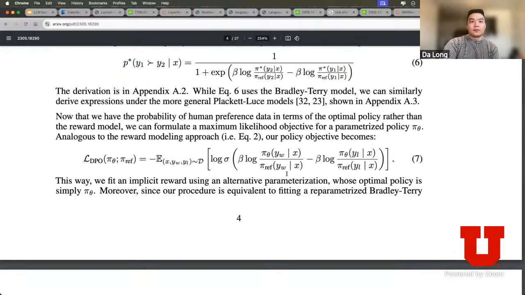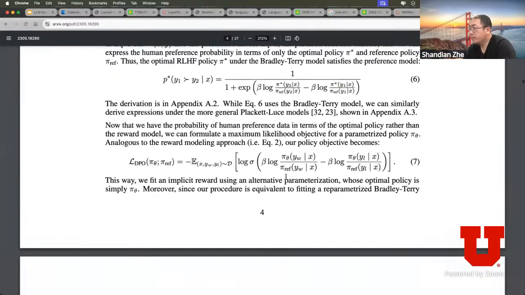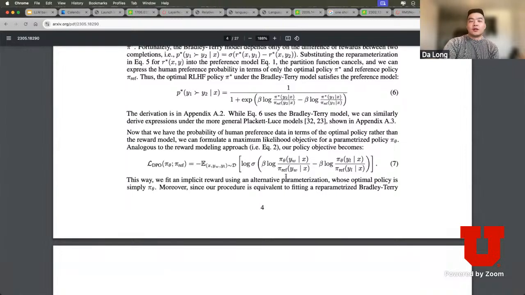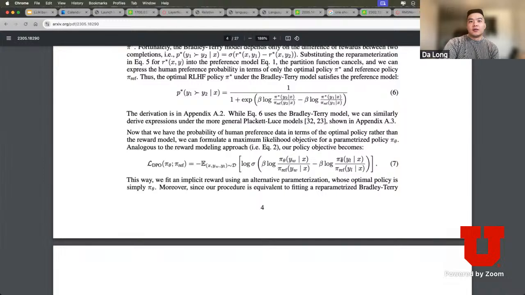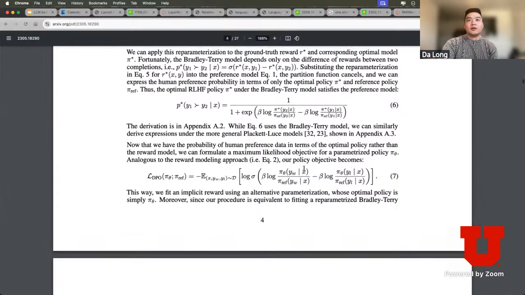The key idea is that in PPO, you have to maintain multiple models, right? They don't want it to be so costly. So in this one, they just use the policy model. They don't need the value function, and they don't need the reward model.